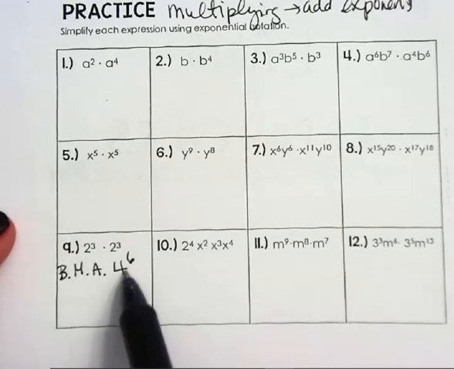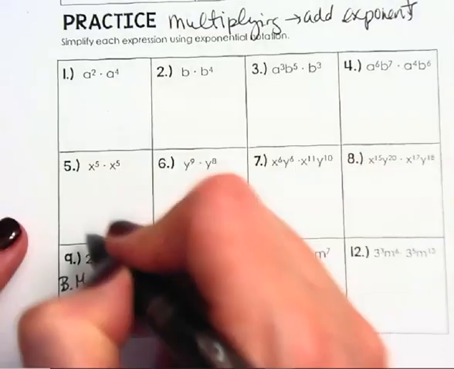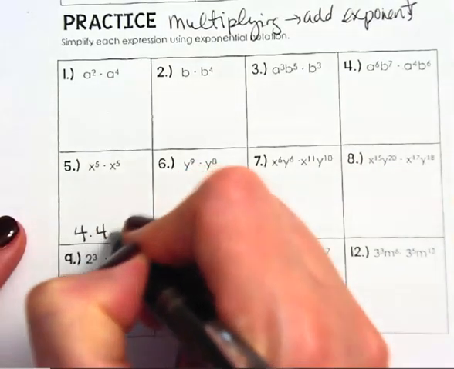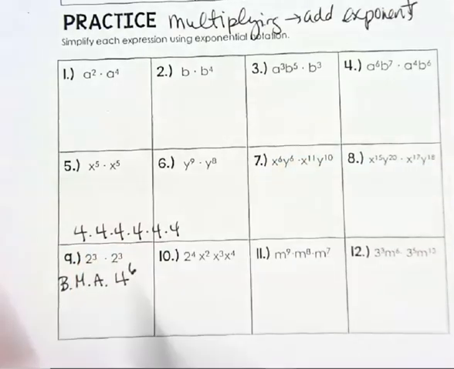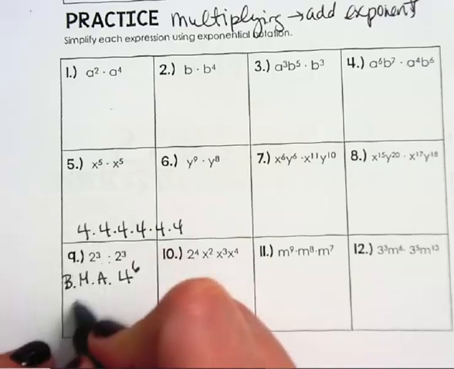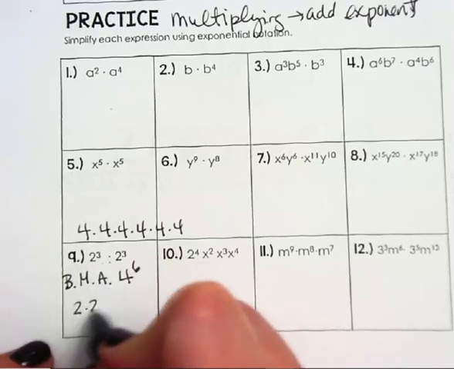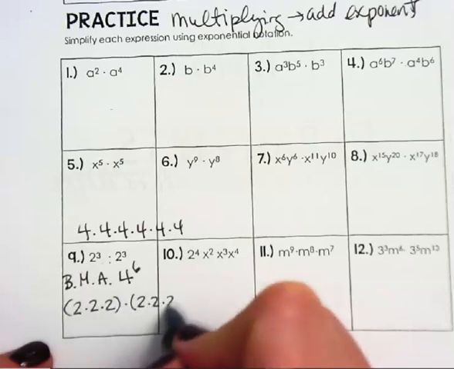But here's why 4 to the 6 is not the answer. 4 to the 6 means I have 6 4s being multiplied. But that's actually not what the problem is saying. It's saying that I have 3 2s times another 3 2s.